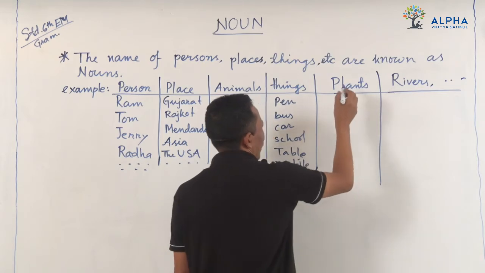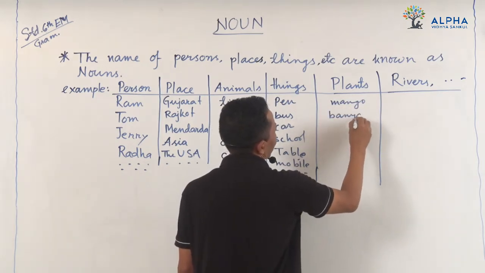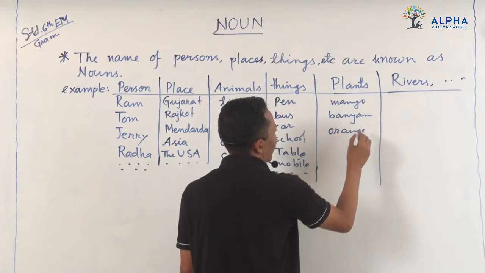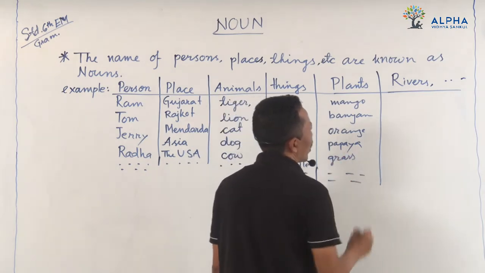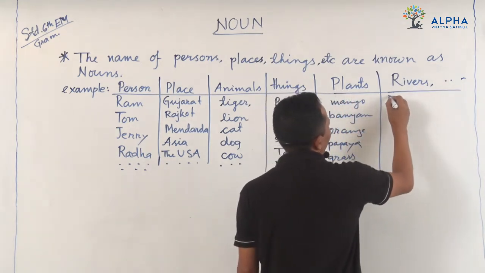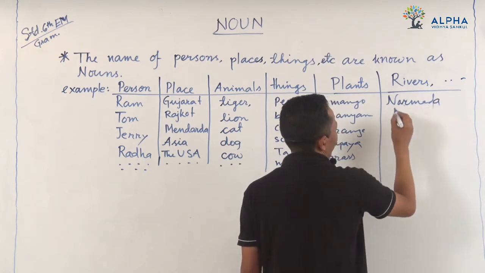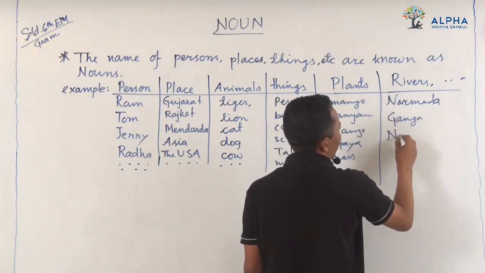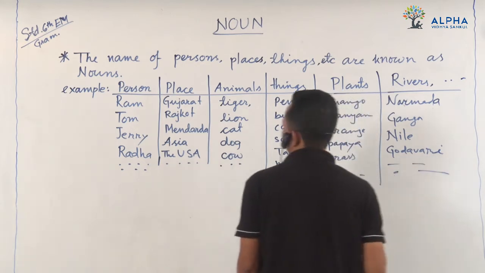Plants. There are so many plants. You can say mango plant, banyan, orange tree also, papaya tree also, grass also, many more. River, there are so many rivers and hills. Suppose river Narmada, Ganga river, Nile river, Godavari, and many more rivers.